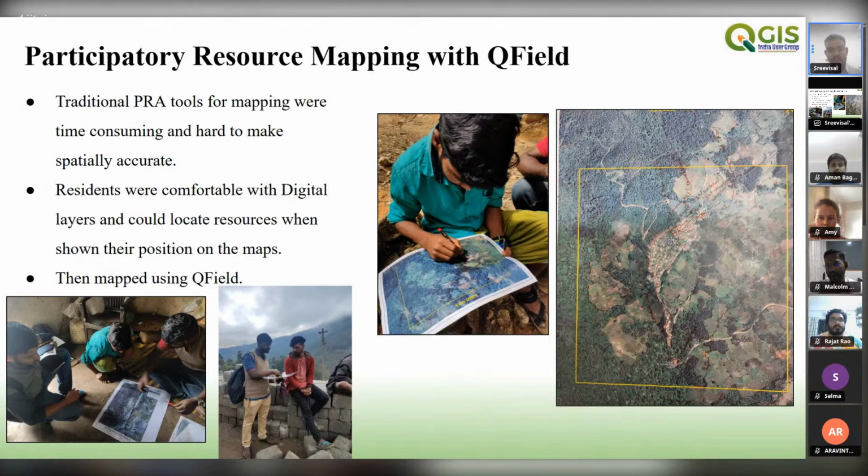When they located their location on the map, they were able to mark the nearby resources, and then using QField, we went to those locations and mapped them. So this is how they would give, and we would mark them, and we would go to those places with QField and map them.